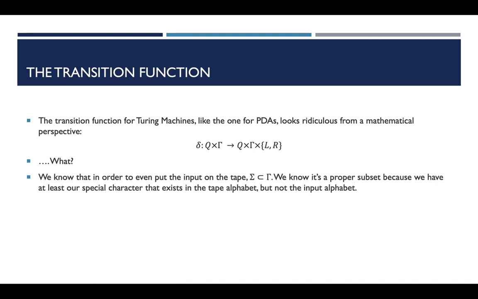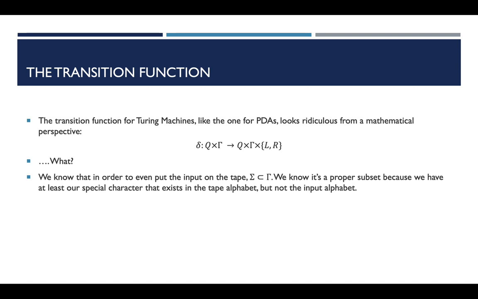Basically, if you want to put input on the tape to begin with, the symbols that represent that input have to also be on the tape alphabet, because if you had symbols in your original string that weren't on the tape alphabet, you wouldn't be able to represent your input string on the tape.